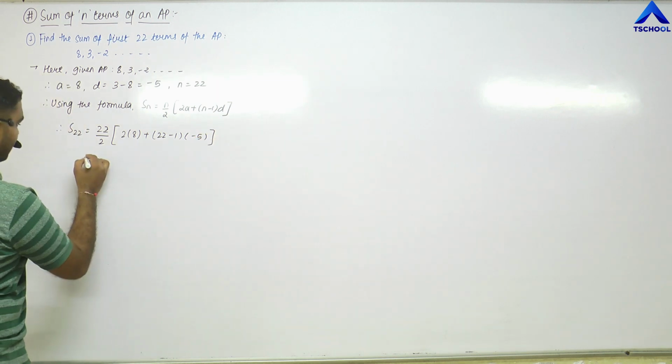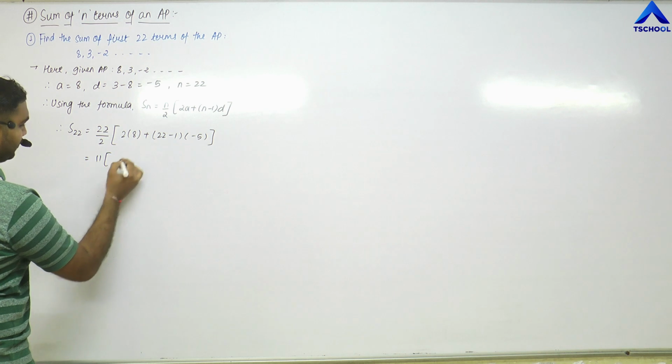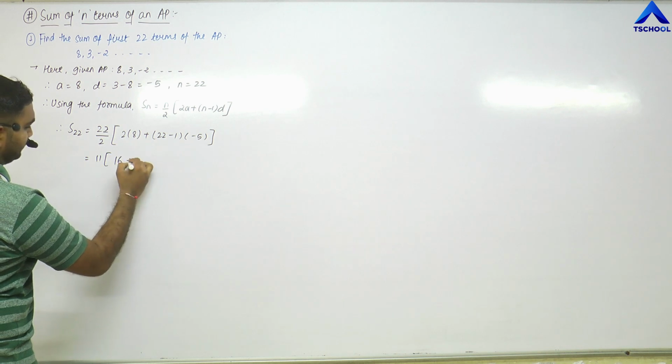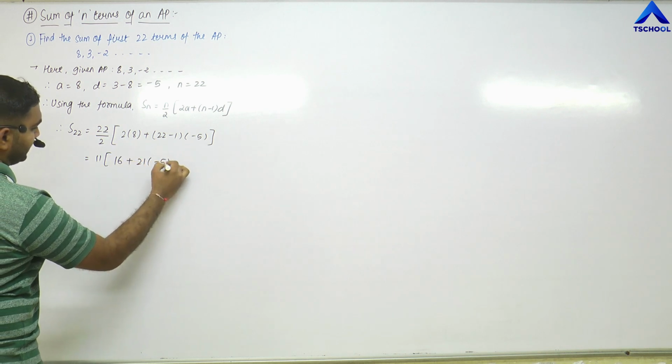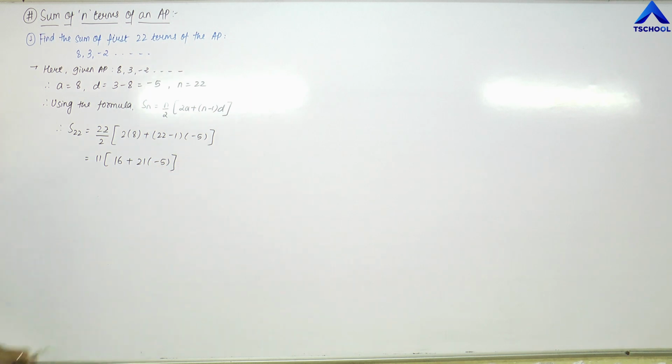So here what do we get? 22 by 2, that is 11 into 16 plus 21 into minus 5, right? What is 21 into minus 5? Minus 105. Minus 105 plus 16, that is I think 89, minus 89, right?